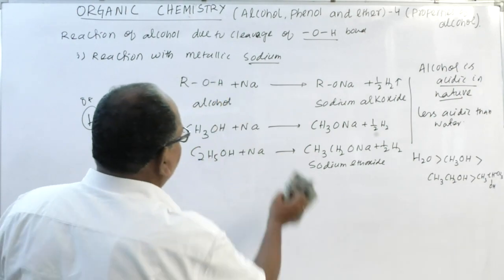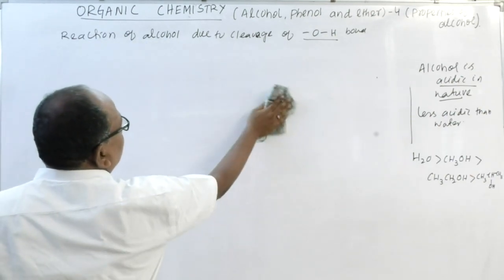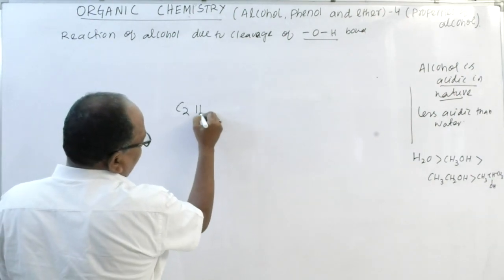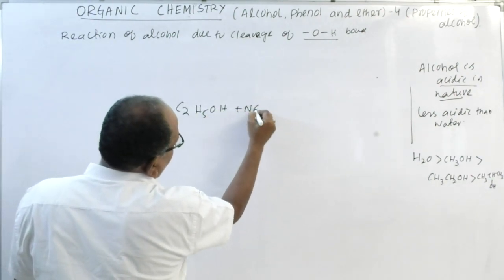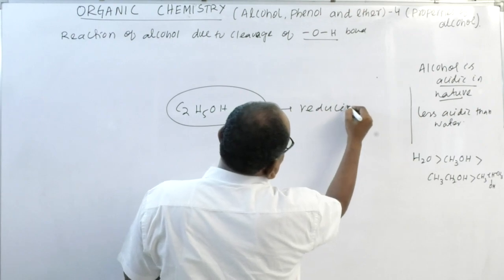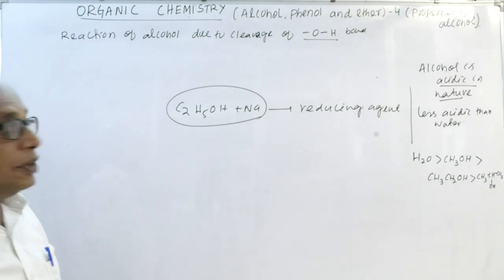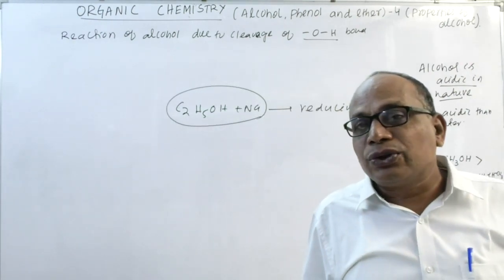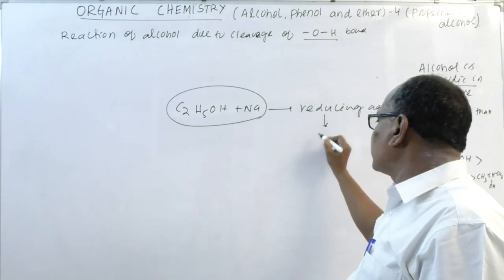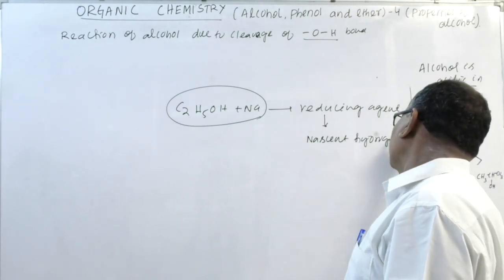Again, the mixture of ethanol plus sodium acts as a reducing agent. What is a reducing agent? Any reducing agent has a tendency to produce nascent hydrogen.